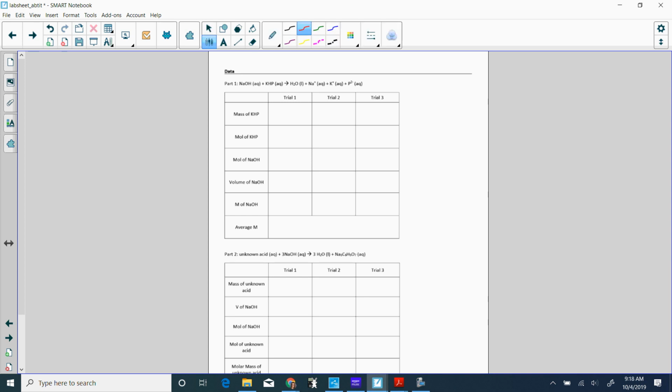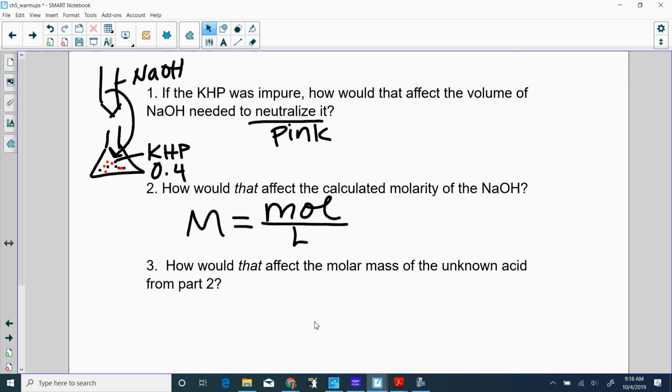How does the volume affect the molarity? So go to your calculations and decide if it's going to make your molarity go up or go down. Moles divided by liters. Does that make it go up or does it make it go down? Okay, write it so that when you're typing it this weekend, you know what to type.